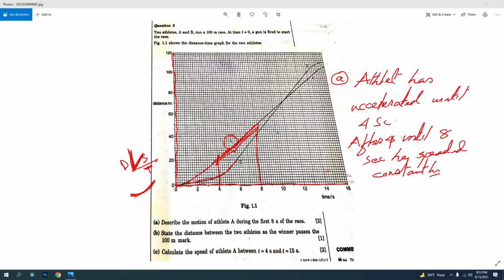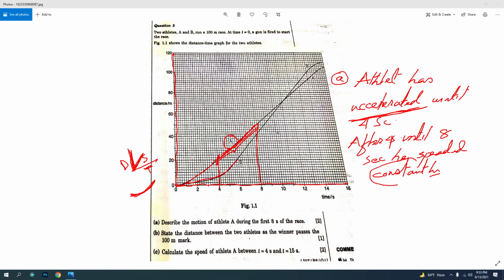In the O-level final mark scheme, after the exam, the answer paper comes from London. In the answer paper, at the time of checking the question, they just want to see the words. Here there are 2 key words: until 4 seconds accelerated, and until 8 speeded constantly.